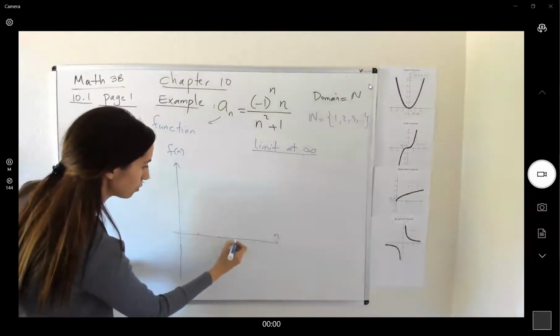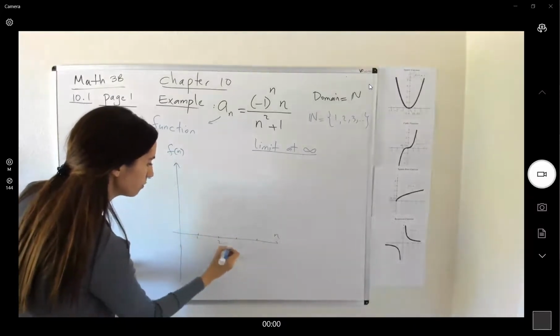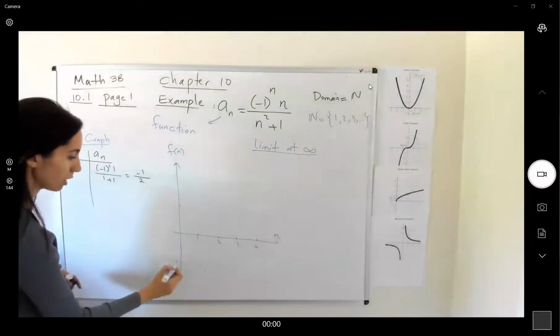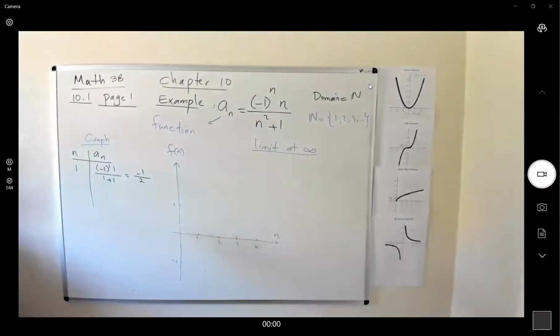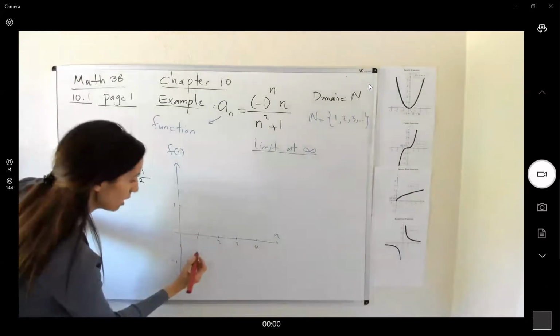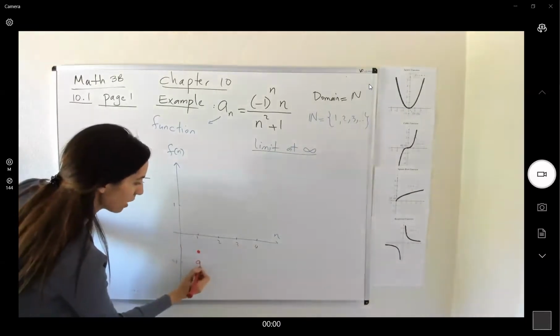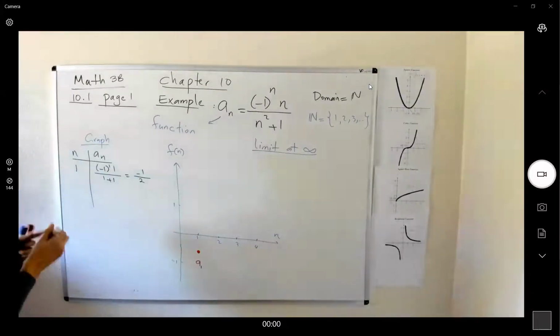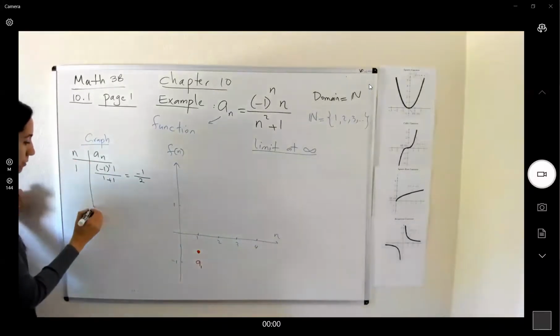The very first point is going to be 1 and negative a half. That is a sub 1.